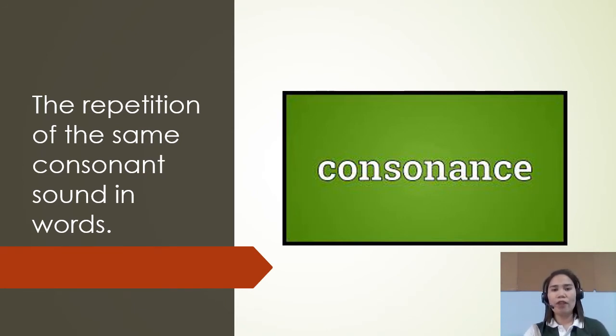The sound devices here occur in quick succession, usually within several words in a row or in a line. Again, if it is the initial sound, the beginning sound, that is alliteration. But if it appears anywhere in the word, that is consonance. All right?